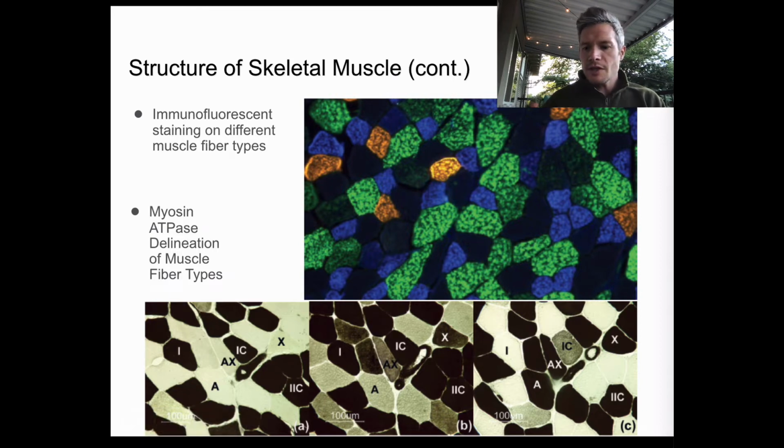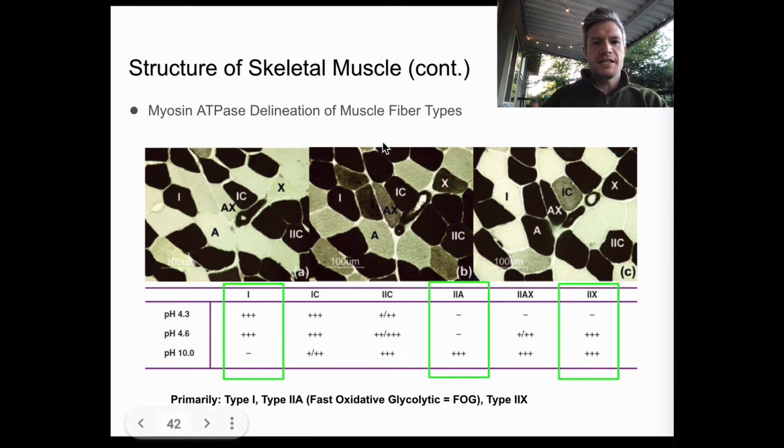Okay. So we take a peek here at the second stain system. You'll note that there are 6 different muscle fiber types listed here, but I want to simplify that a little bit for you.